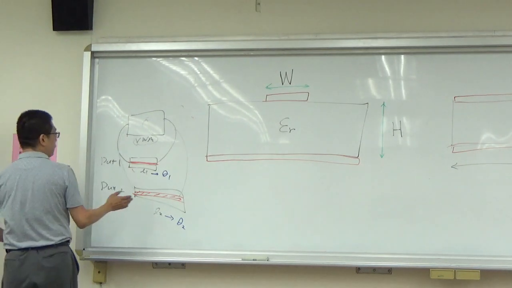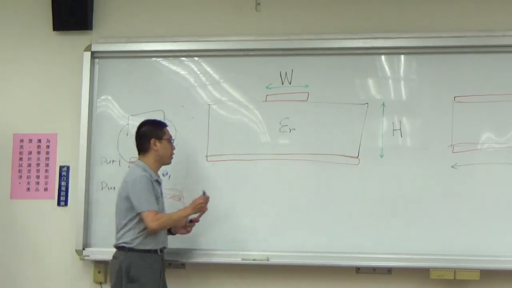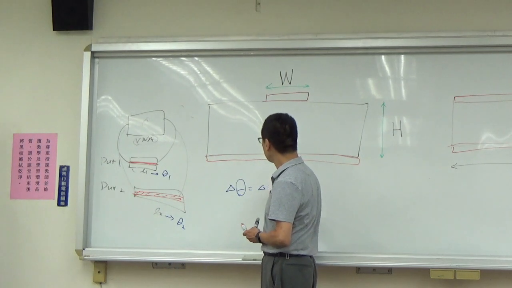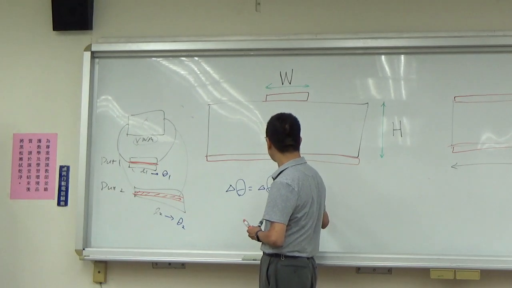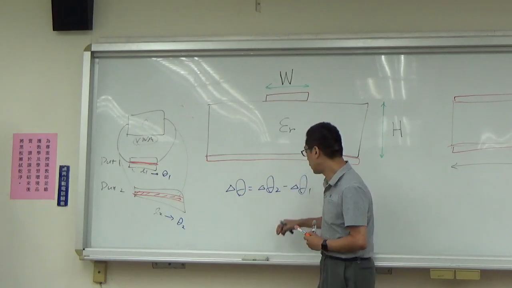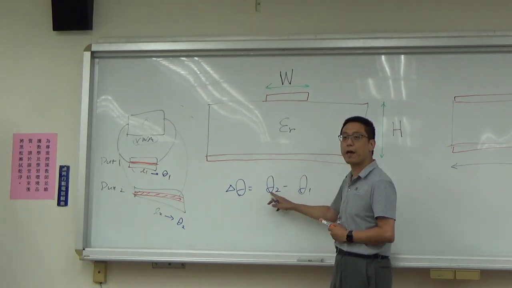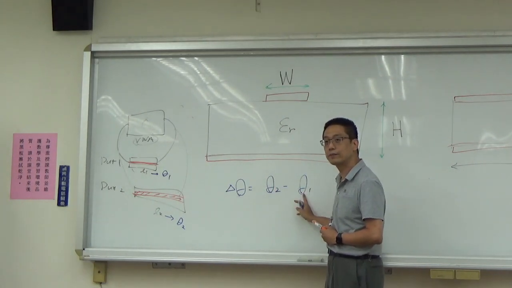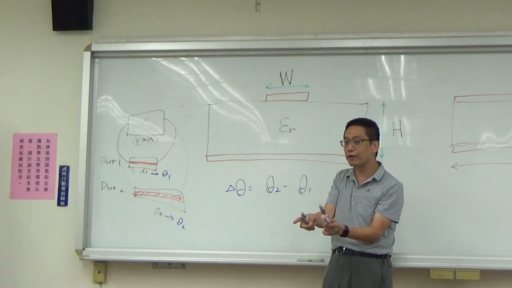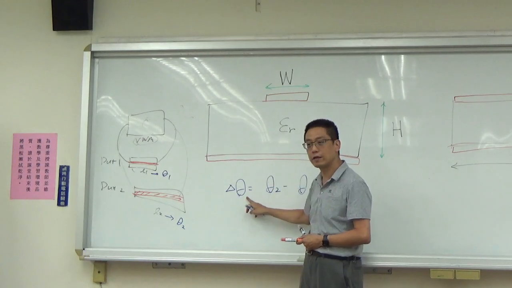So, if I obtain theta 2 and theta 1 and do some calculation, delta theta equals theta 2 minus theta 1. Can I do that? Yes. I measure the phase of this line and the phase of another line, so the difference between these two phases is delta theta.